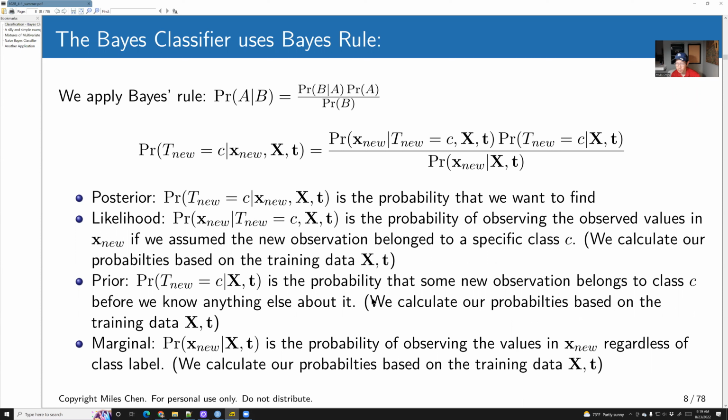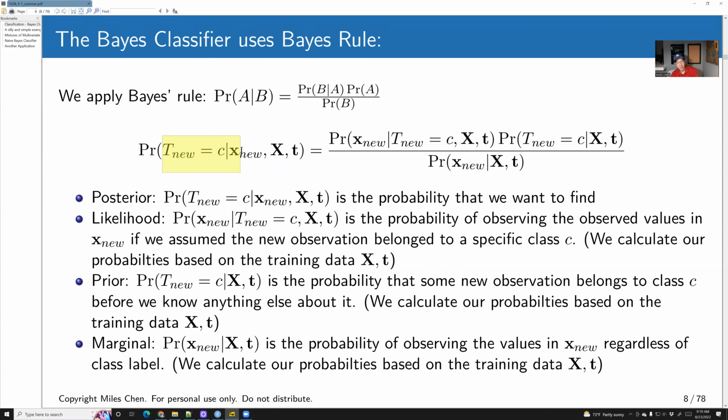All right, and so this is how we're going to apply Bayes' rule. This is the thing that we're going after: the probability that our observation belongs to class C given the X values.